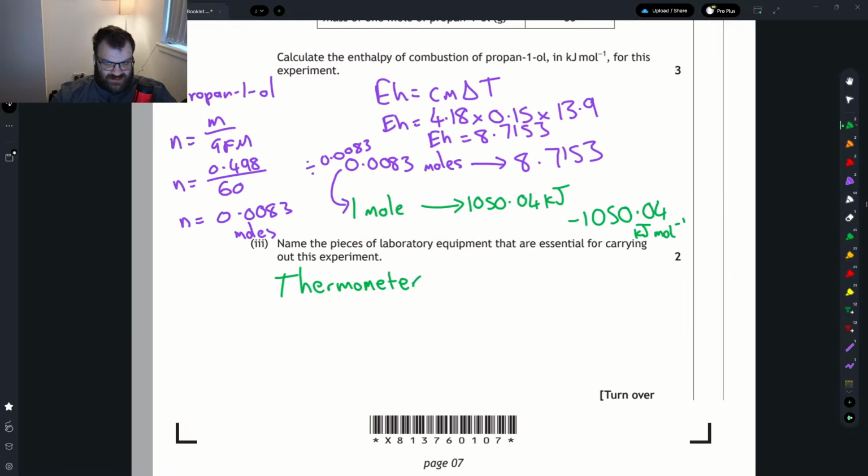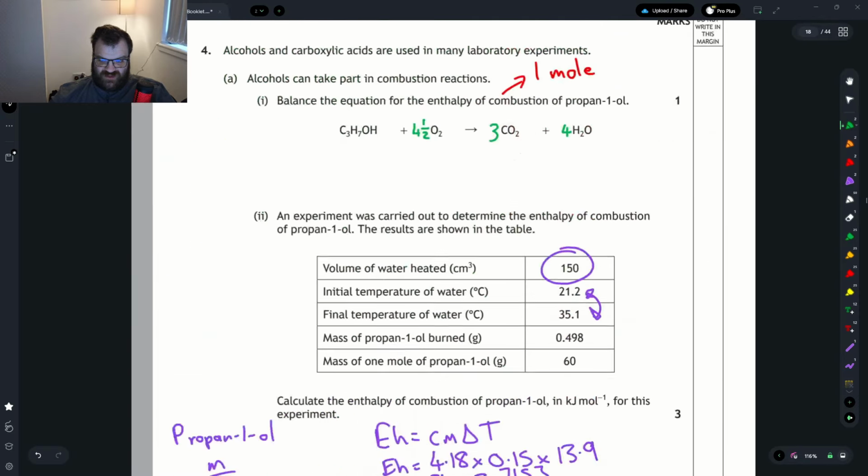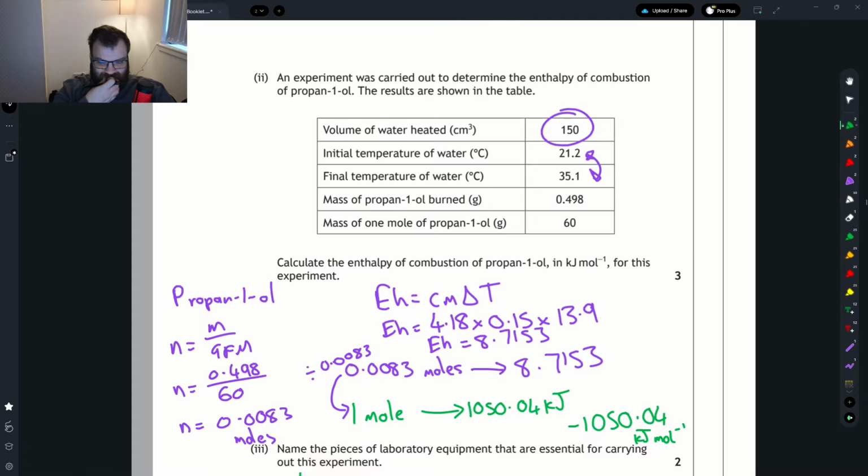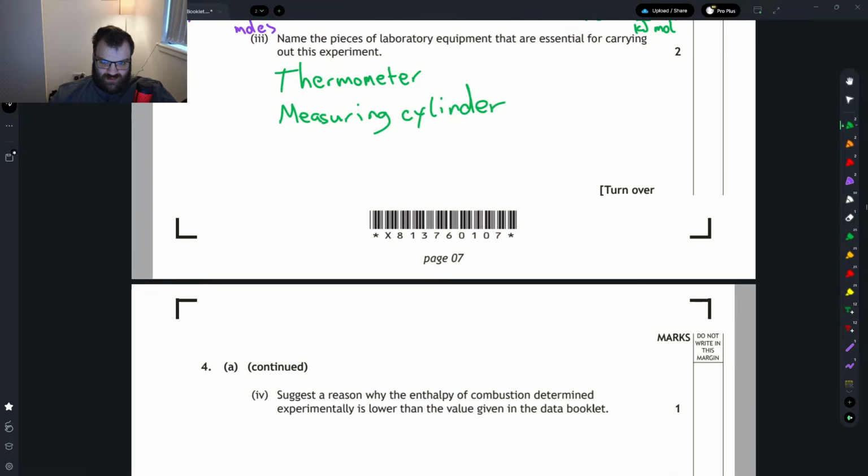Dealing with volumes, we usually use a measuring cylinder. Could you do it without one? Well, or a burette, or probably a pipette more than a burette. But just off their values, like 150 centimetres cubed, a bit of a precise value for a pipette. So measuring cylinder, go for that.